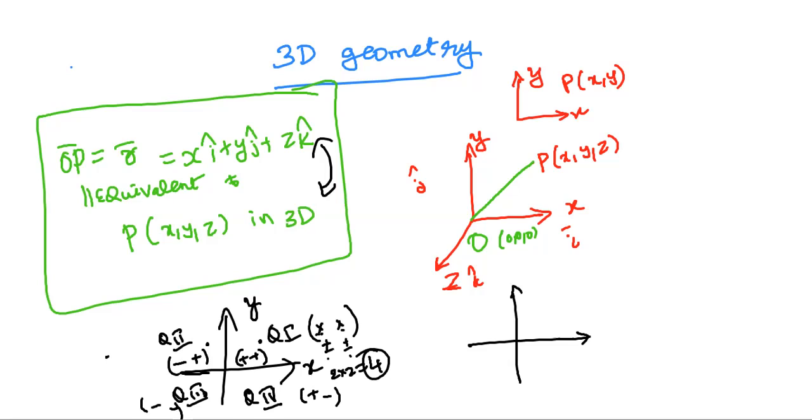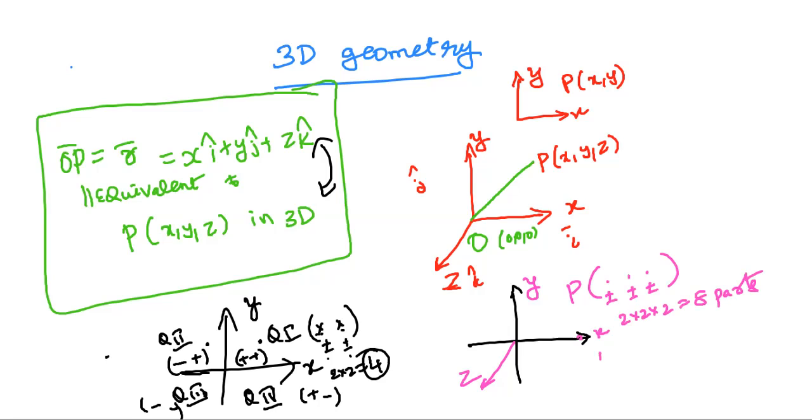Now in a similar way, since there are three axes and each point is represented as an ordered triplet, there will be plus minus, plus minus, plus minus: 2 into 2 into 2, 8 parts.